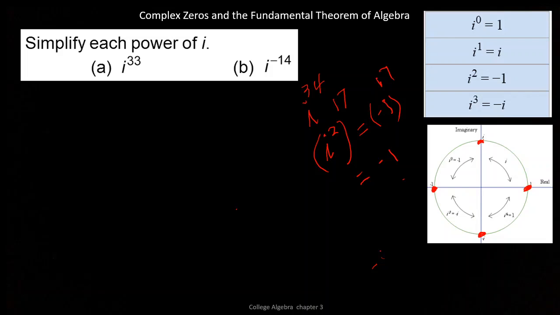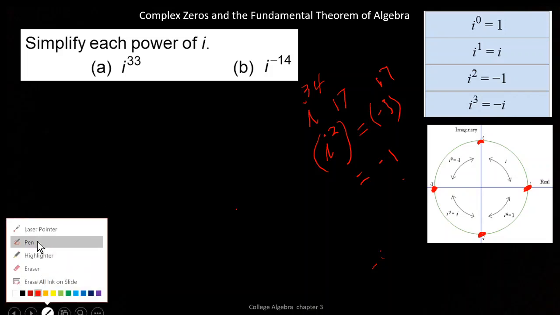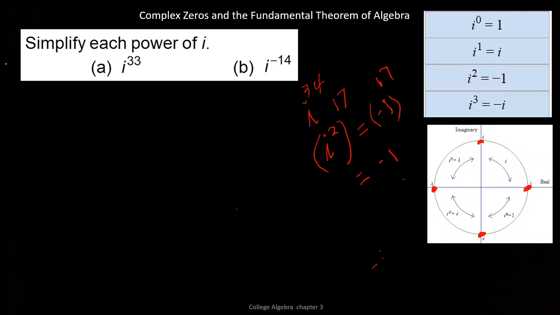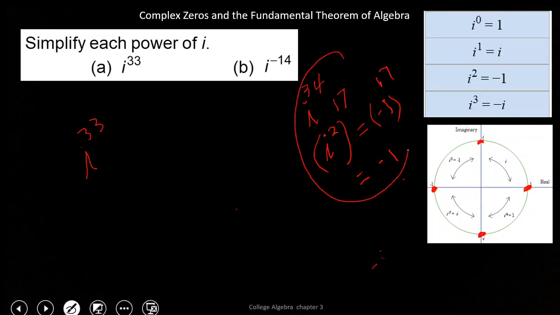Now, what about i to the 33rd power? Well, it's not divisible by 2, so I can't do this to it, but I can write it as i times i to the 32nd, because this has a 1, so that would be 33.